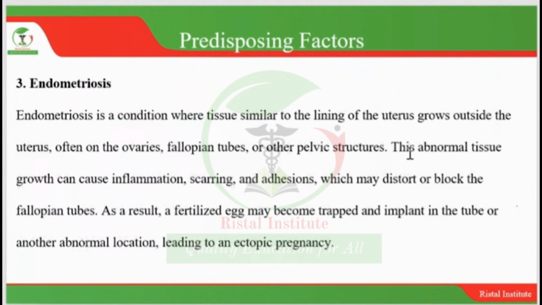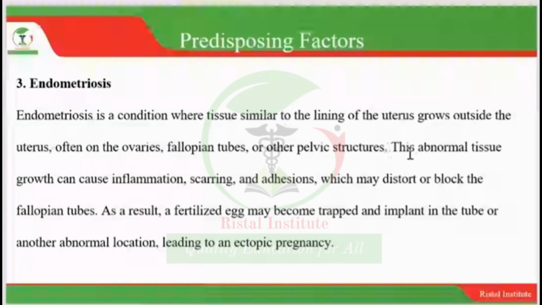The third predisposing factor is endometriosis. Endometriosis is a condition where tissue similar to the lining of the uterus grows outside the uterus, often on the ovaries, fallopian tubes, or other pelvic structures.